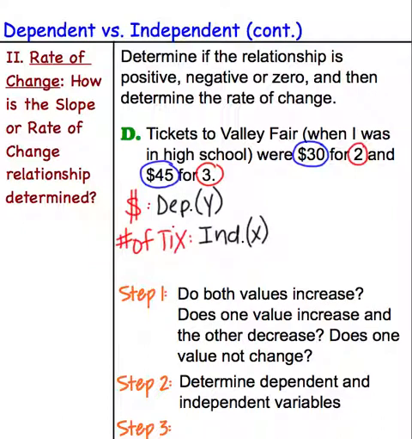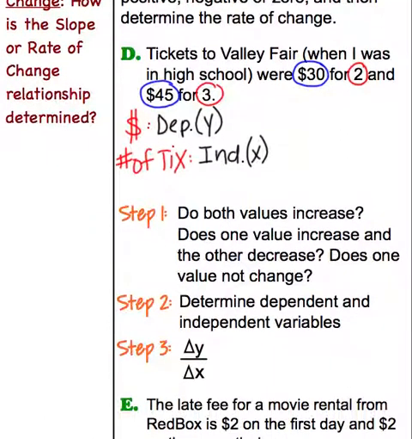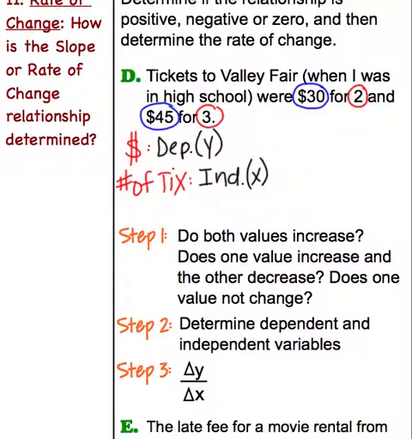And also then taking a look at our change in y over our change in x. So when I do that, I see that my change in y is going to be an increase of $15, and our change in x is going to be an increase of 1.